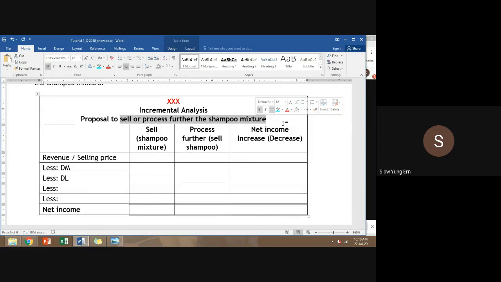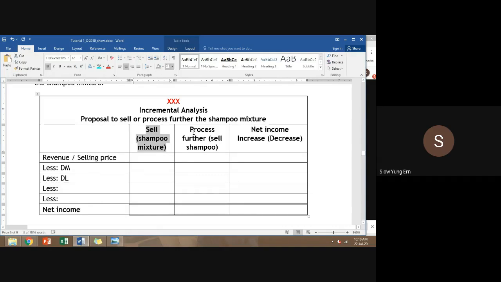Now your proposal is, do you want to sell or do you want to process further the shampoo mixture? So if you sell, you are going to sell shampoo mixture. That means all this while you have been selling shampoo mixture. So this is your original decision to sell shampoo mixture.